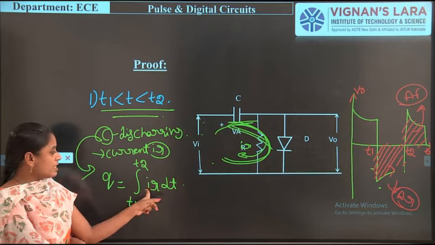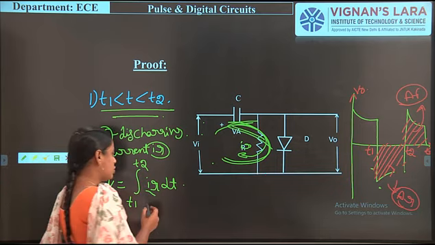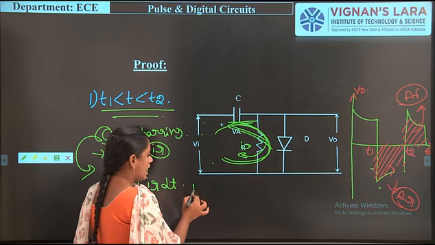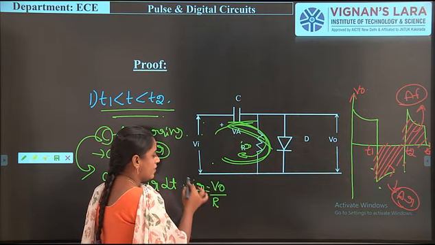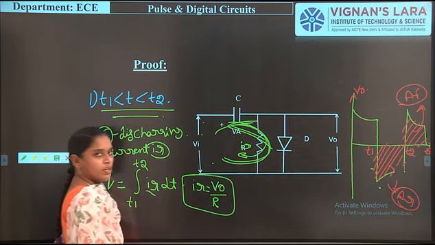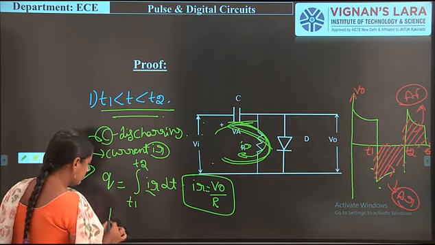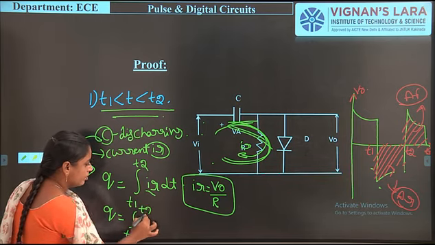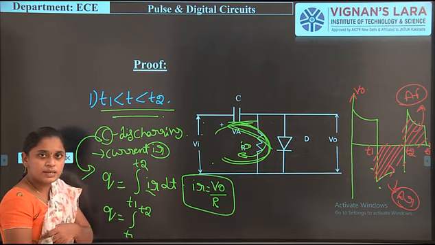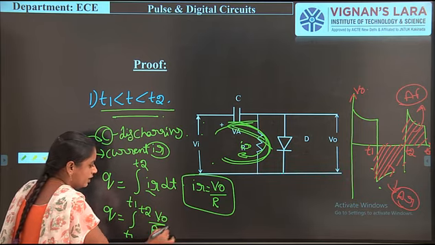So what is IR? We know that I is equal to V by R. Just substitute the value, that is IR is equal to V by R, that is V naught by R. So Q is equal to the integral from T1 to T2, and in place of IR we substitute V naught by R into dt.